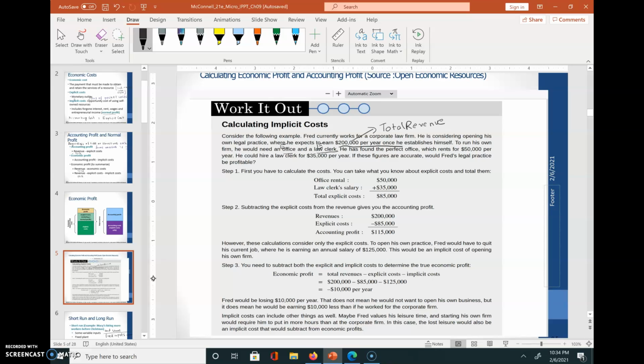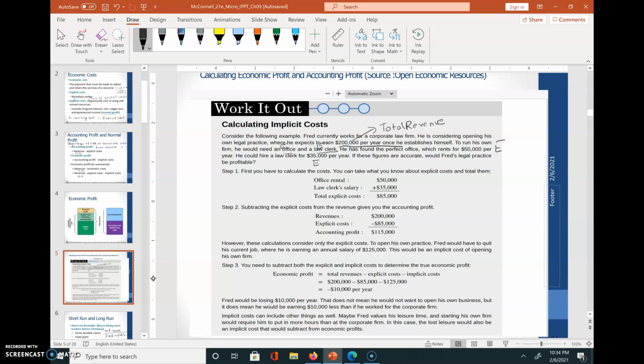He has found the perfect office which rents for $50,000 per year. He could hire a law clerk for $35,000 per year. If these figures are accurate, would Fred's legal practice be profitable?